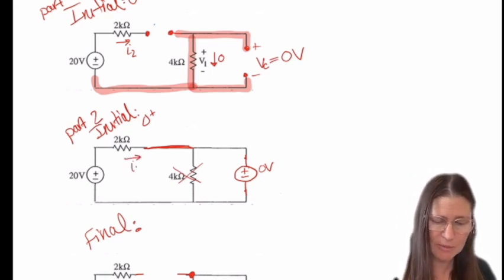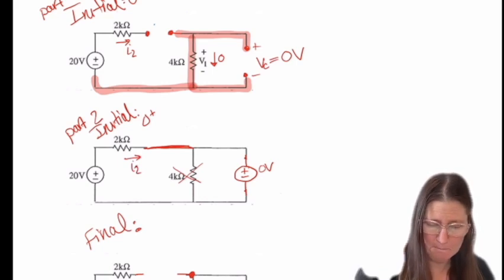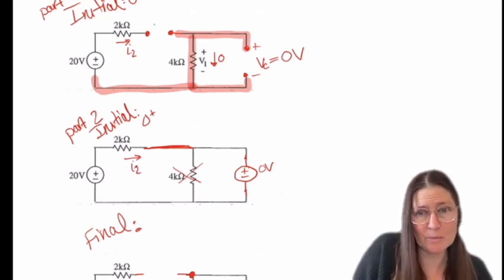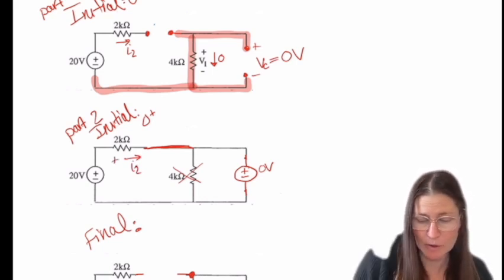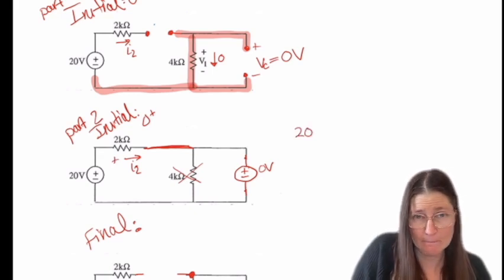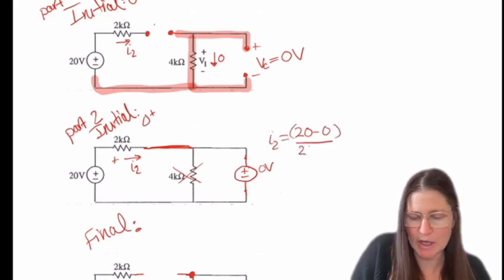So I2 is labeled here. And again, if we do node voltage, the plus side of this is going to be 20 volts and the minus side is going to be 0. So I2 is going to equal 20 over 2K, which is going to give us 10 milliamps.